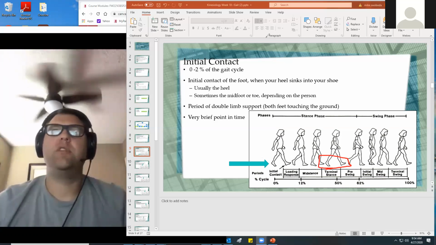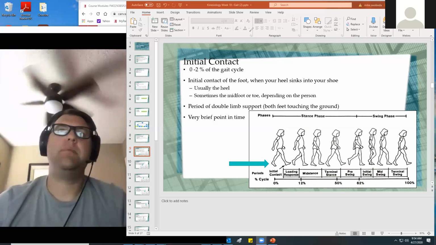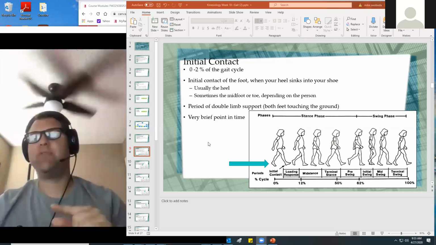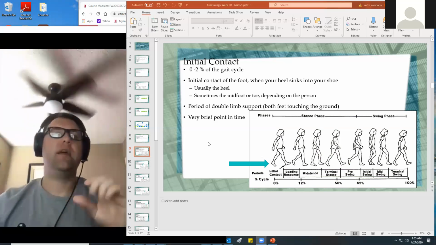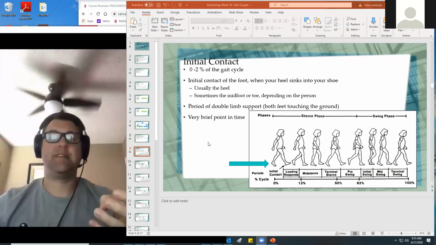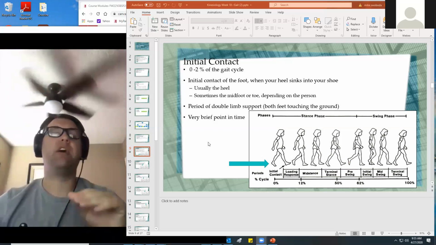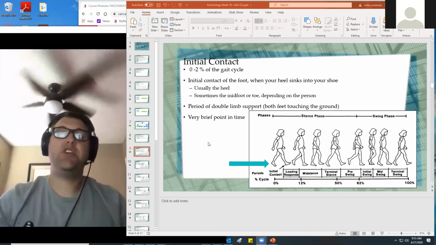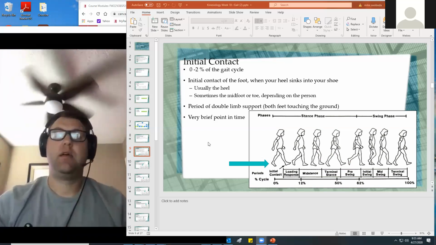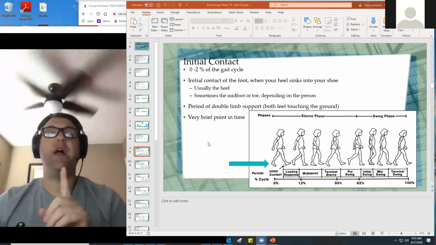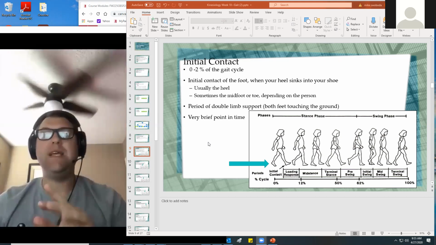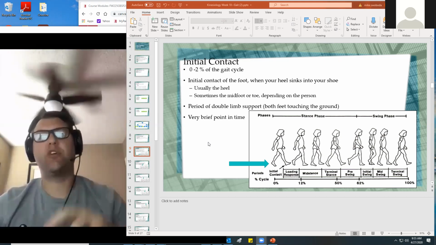So the only time that running and walking differ is that running has a period of flight, meaning both feet are off the ground. Your definition of walking is that at least one foot always maintains contact with the ground.